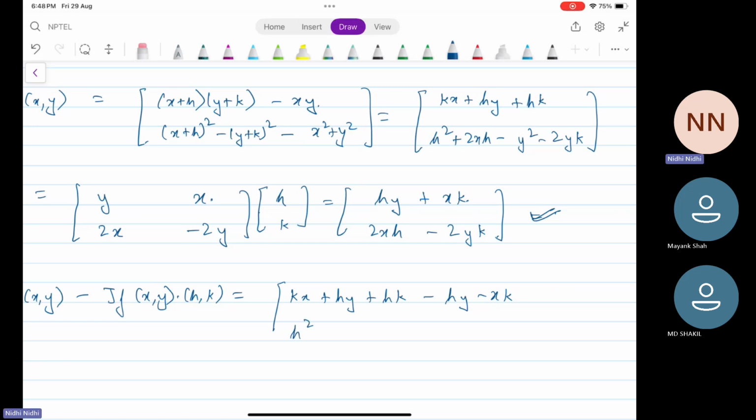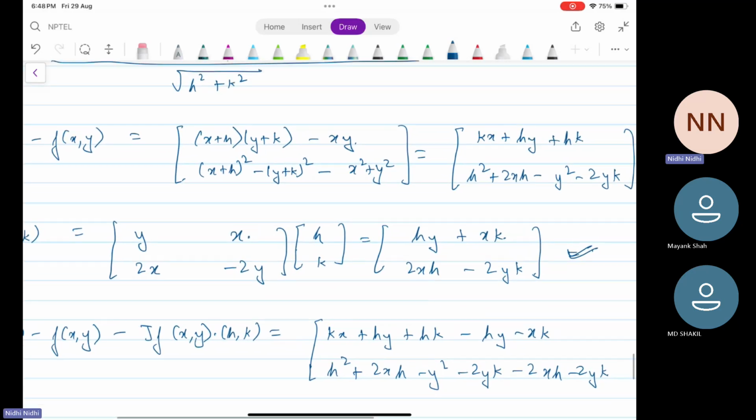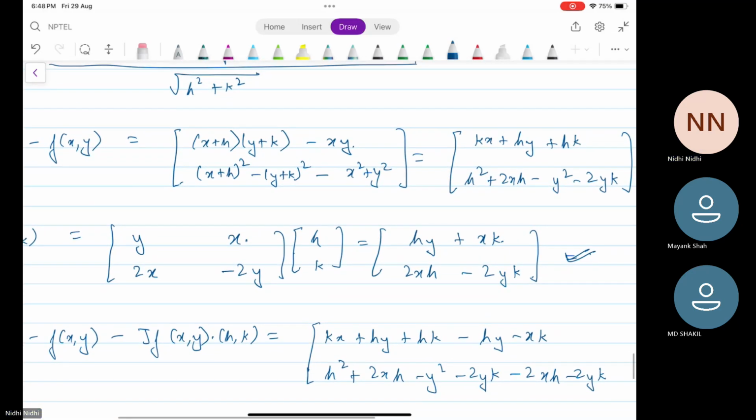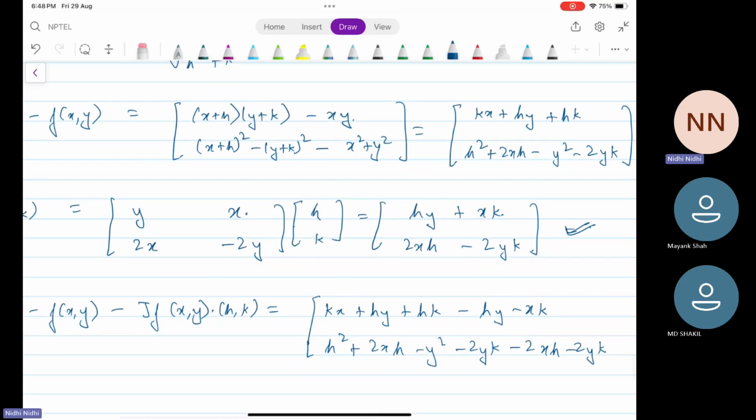Then the second term will be h square plus 2xh minus k square minus 2yk minus 2xh plus 2yk, same thing.